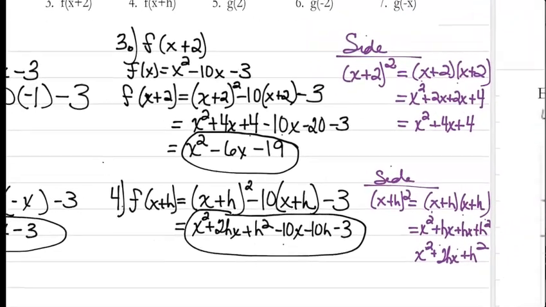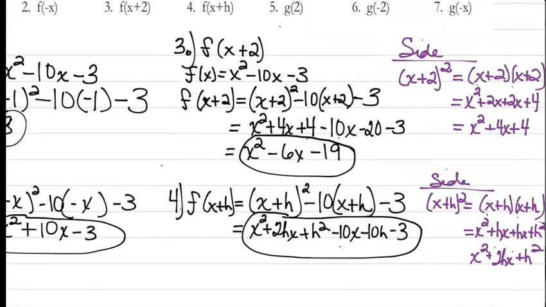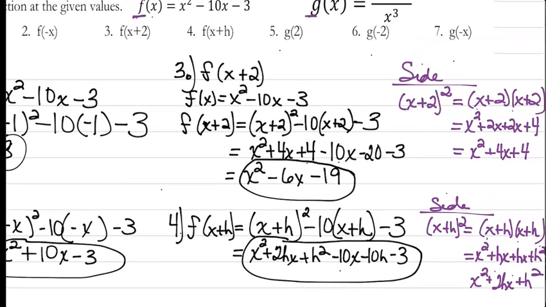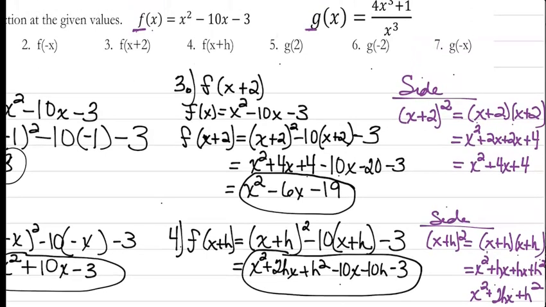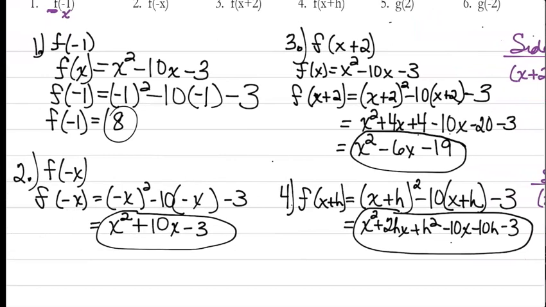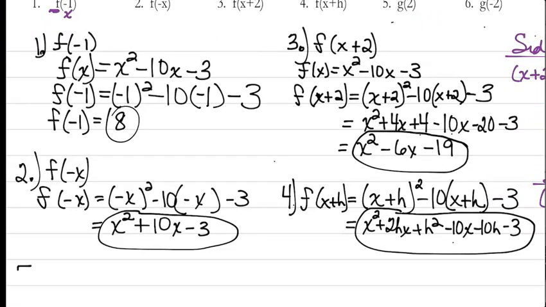Now we can do the same kind of thing for numbers 5, 6, and 7 with the g of x notation. And we don't need to do 5 and 6 and then turn around and do 7. Actually, there was a reason why I had 5 and 6. So let's go ahead and do that. On number 5, it was g of 2.